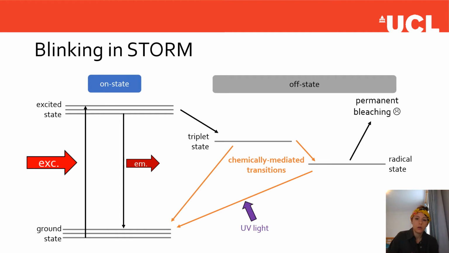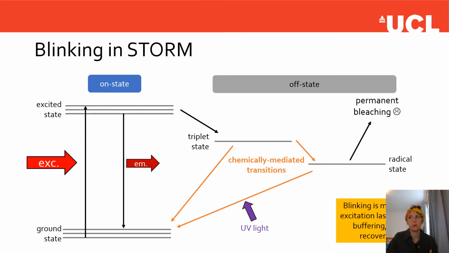You can also mediate this transition back from the triplet state to the singlet state with UV light. Technically, transitions between singlet and triplet states are forbidden, but you can engineer conditions where they're slightly more likely than you'd expect.